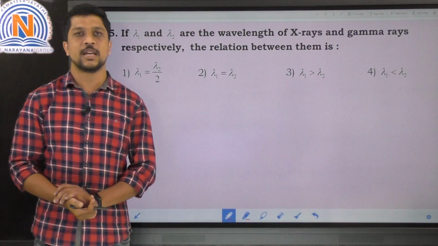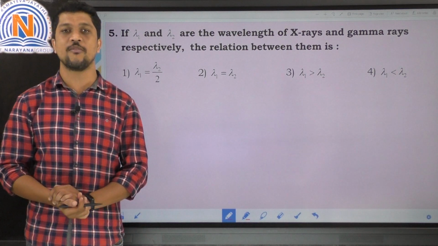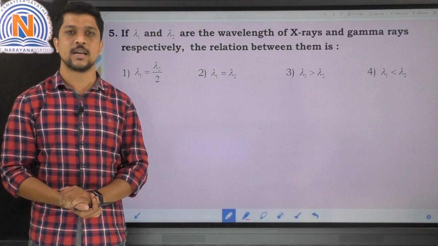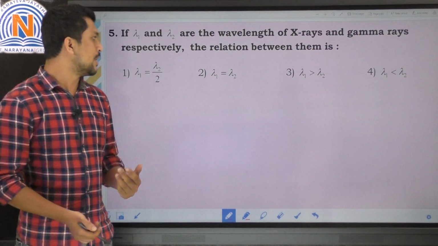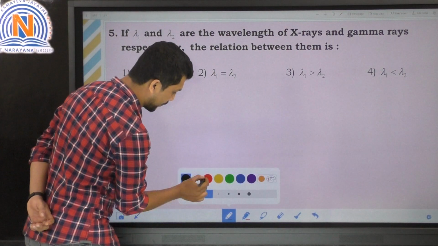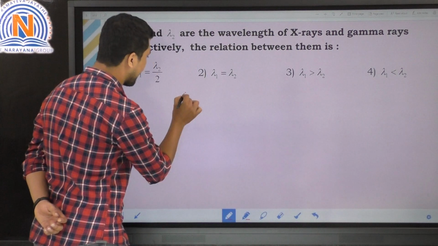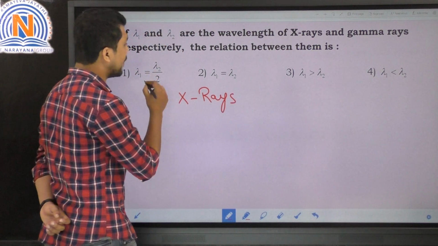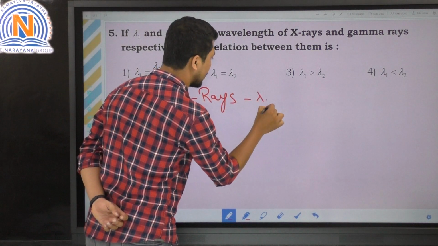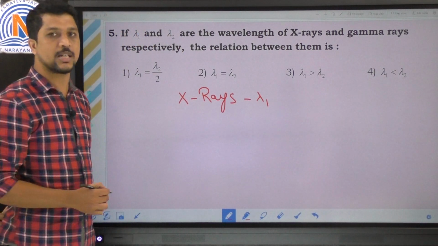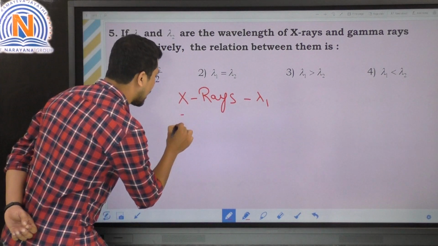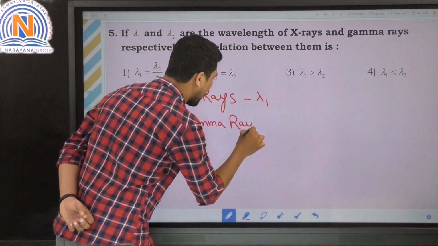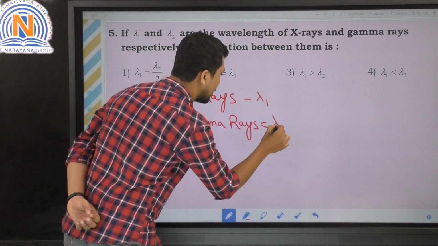Here the fifth question: if lambda 1 and lambda 2 are the wavelengths of X-rays and gamma rays respectively, the relation between them. X-rays wavelength is lambda 1 and gamma rays wavelength is lambda 2.